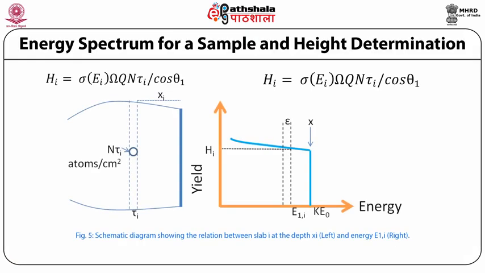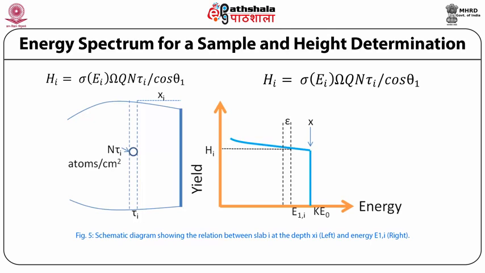The main goal is to find the energy width zeta and the position E1I of channel I in the energy spectrum indicated in figure 5, by correlating the number of counts Hi to the number of scattering centers per unit area N tau I in the slab of thickness tau at depth xi, which corresponds to the energy of a beam of normal incidence.